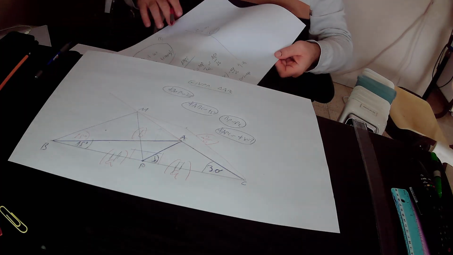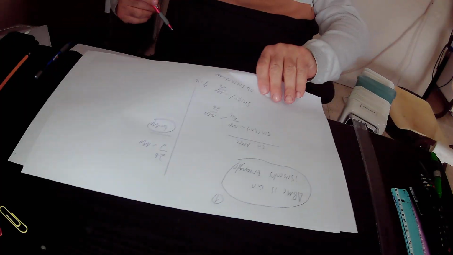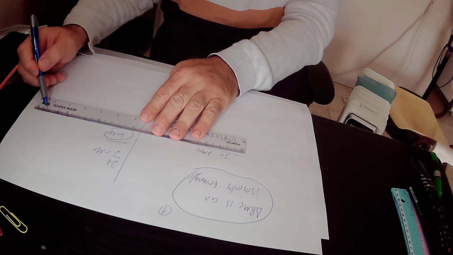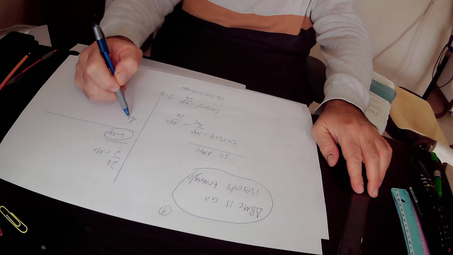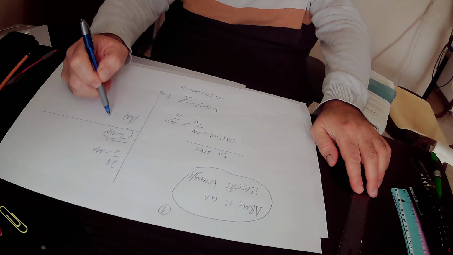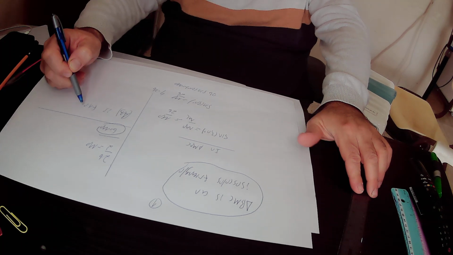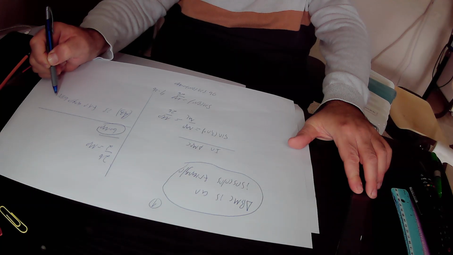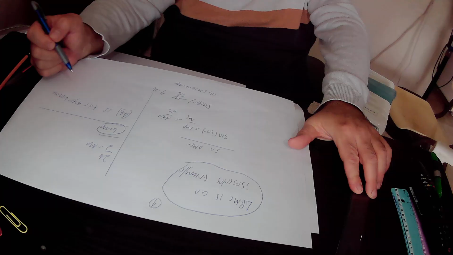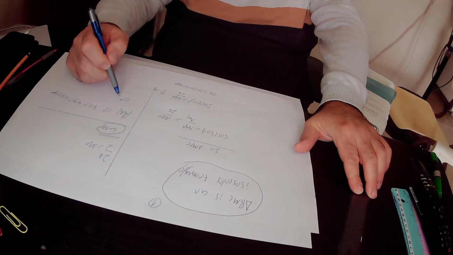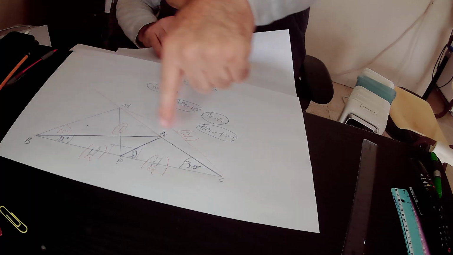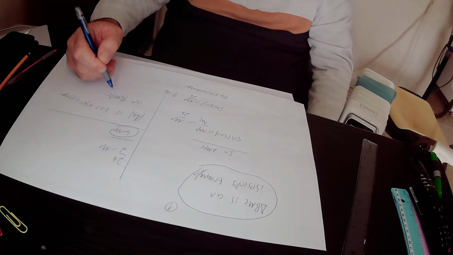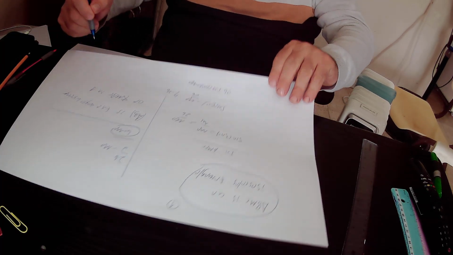So write down: AB is the angle bisector of angle MBC in the big triangle, triangle MBC.